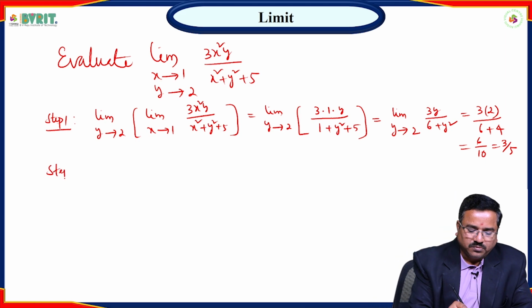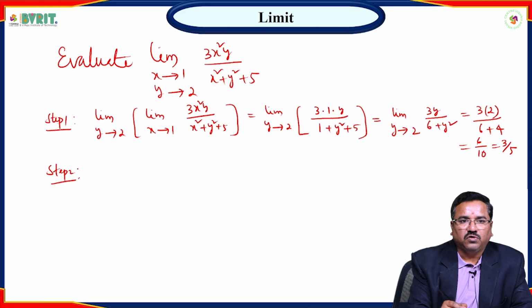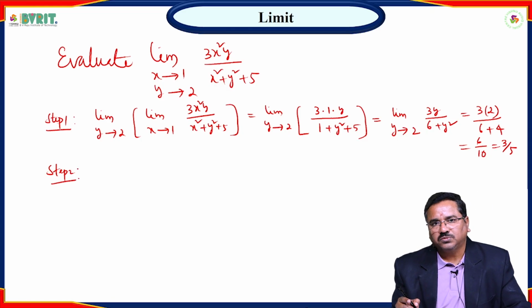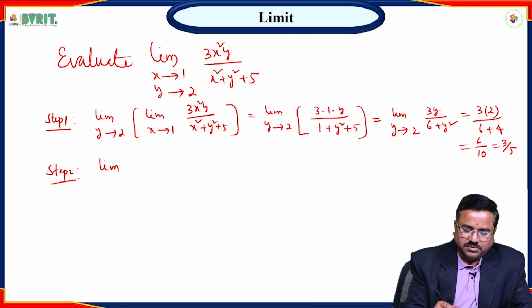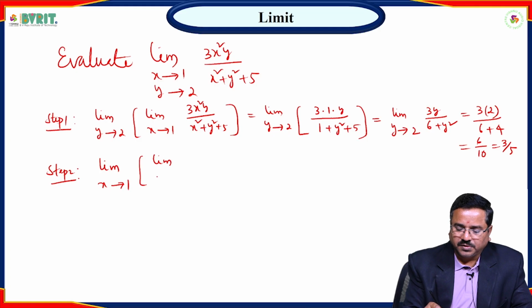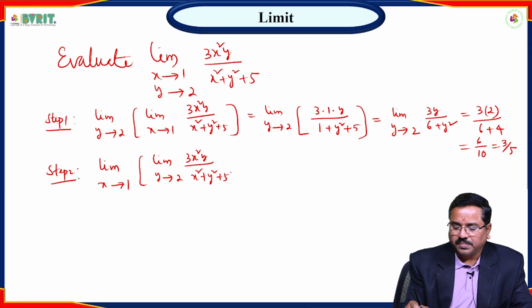So step 2 we can do. What is step 2? First you take y tends to 2, then after that x tends to 1. So that is limit x tends to 1, limit y tends to 2, of 3x square y by x square plus y square plus 5.